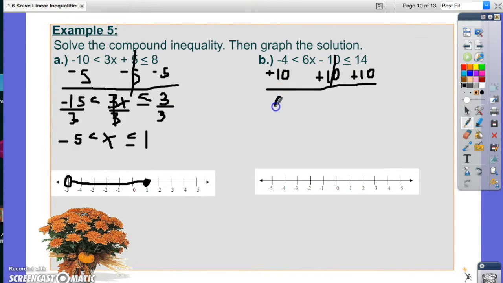We get 6 here. Remember, what you do to the middle, you have to do to the left and right. And same here, 6 times x, we divide by 6.